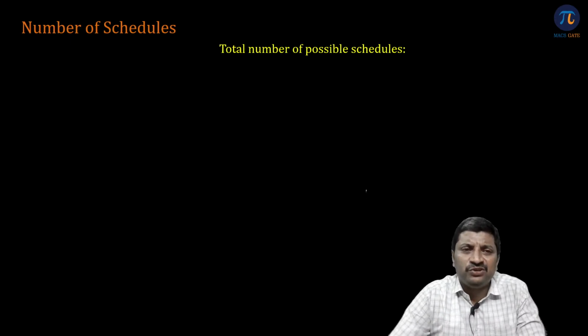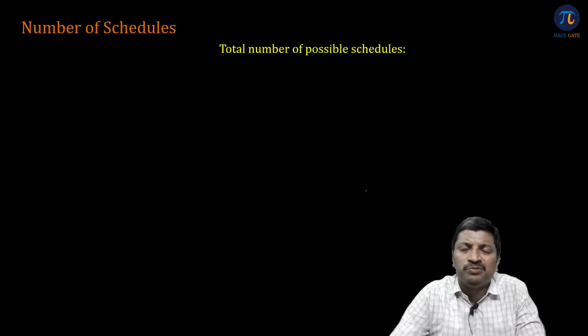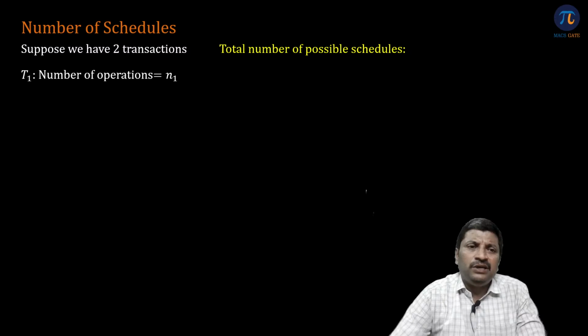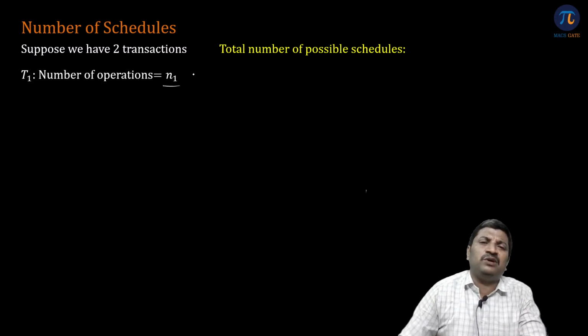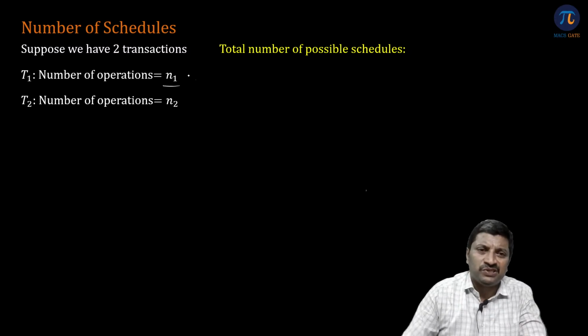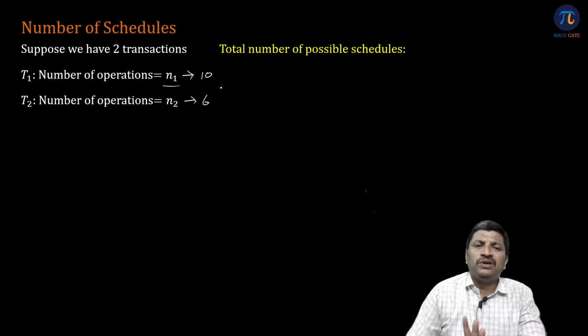Now the number of schedules. What is the total number of possible schedules? That may be a serial schedule, that may be a concurrent schedule. Suppose we have two transactions. Assume I have n1 operations and n2 operations. For easy explanation, let us have 10 operations in the first, some 6 in the second.